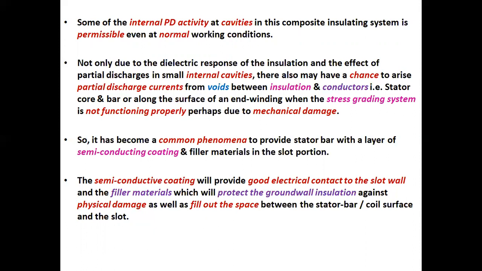So, it has become a common practice to provide the stator bar with a layer of semiconducting coating and filler materials in the slot portion. The semiconductive coating will provide good electrical contact to the slot wall, and the filler materials will protect the ground wall insulation against physical damage as well as fill out the space between the stator bar or coil surface and the slot.